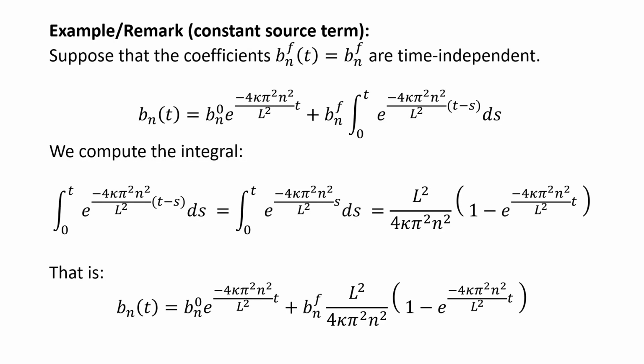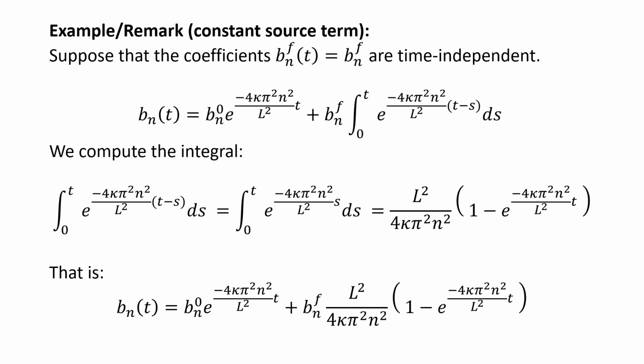Let's do a minor change to the last integral. The integral from 0 to t of exponential negative 4κπ²n²/L² times (t minus s) ds can be rewritten with a change of variables. Then we get the integral from 0 to t of the exponential of negative 4κπ²n²/L² times s ds.